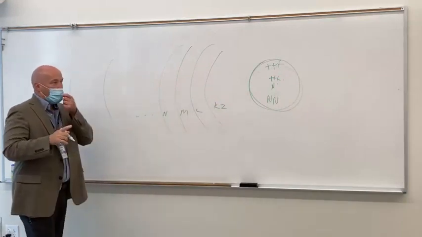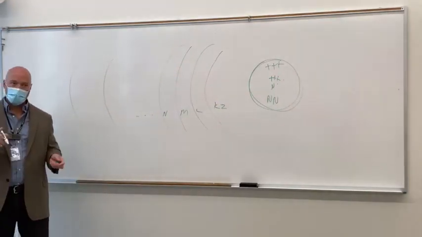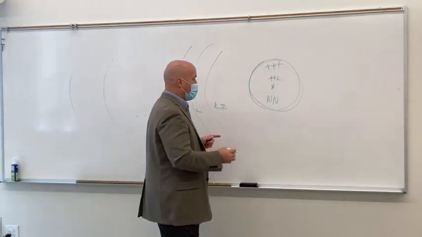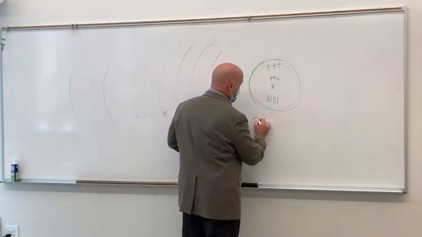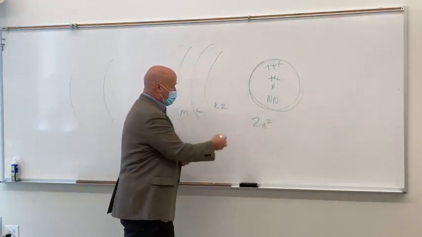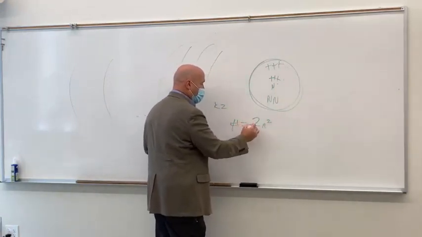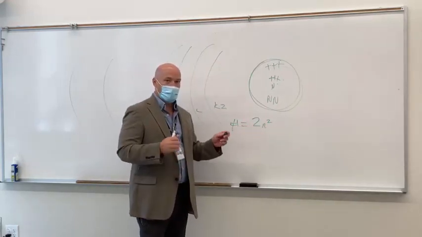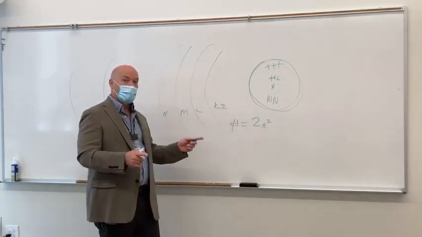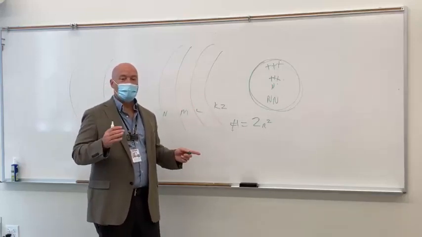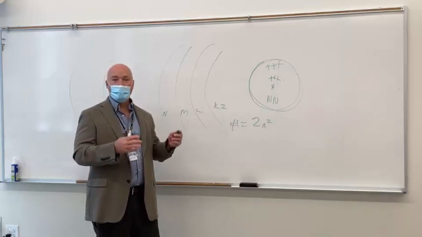Now we can calculate the maximum number of electrons that any shell can have with a formula, 2n squared, okay? So that's the number in any shell can be calculated by 2n squared. And you need to understand this is a maximum number that any shell can hold. It doesn't necessarily mean that that shell is going to have that many at any given time.